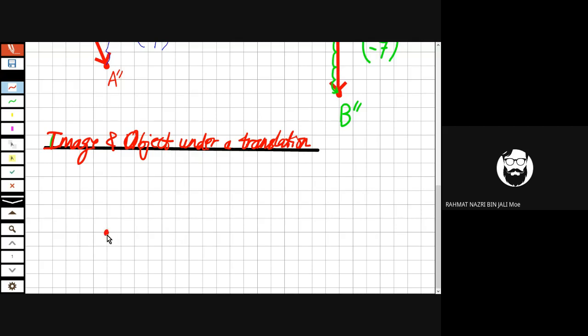Okay, for example, we have the point P with the coordinate x, y. Okay, and then we have the image of P located on the right of object P prime.